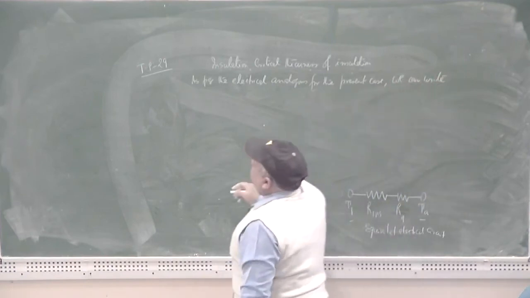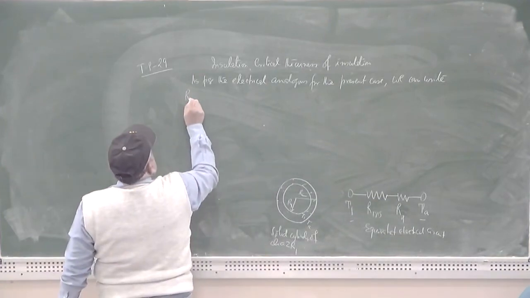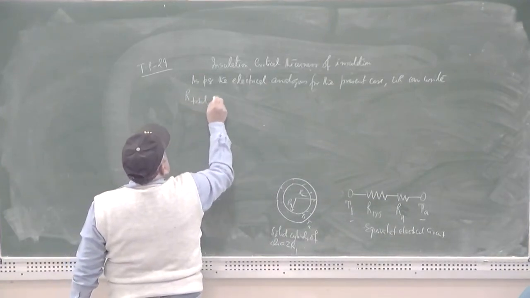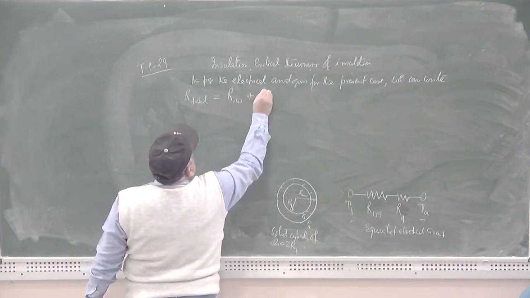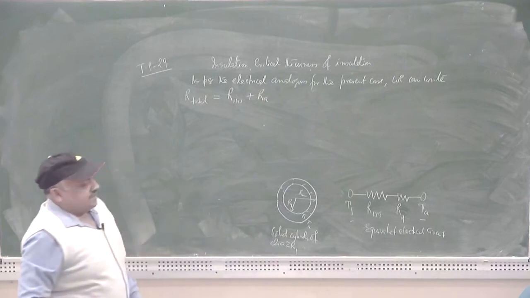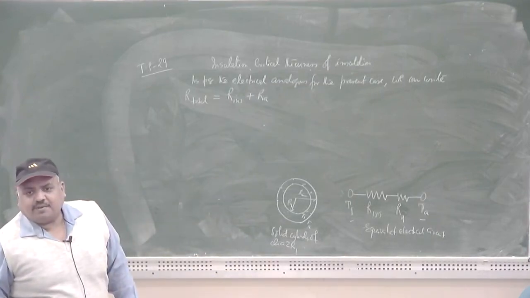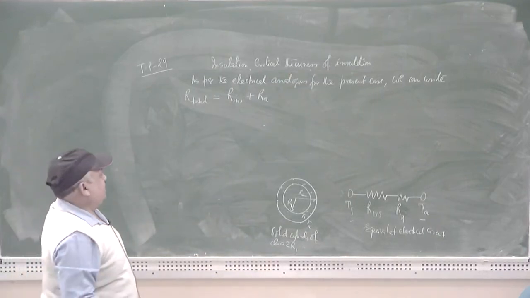that the total resistance that the heat energy will face, that is R total, should be equal to R insulation plus the resistance offered by the air, RA.